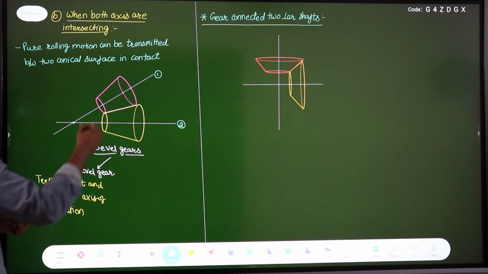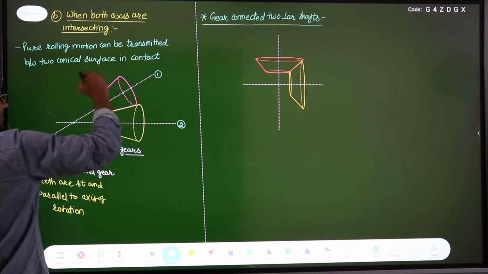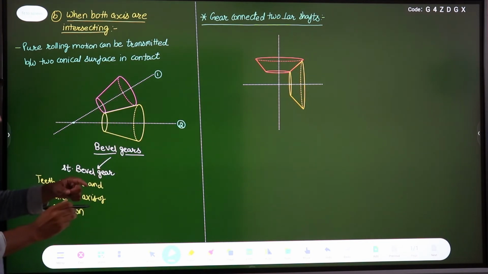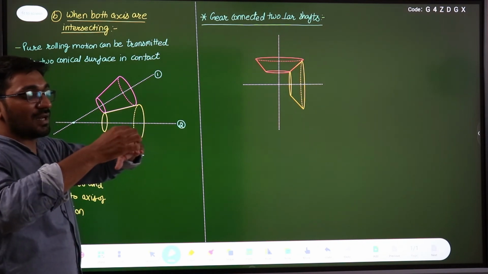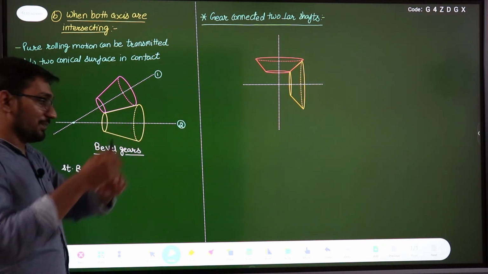Right? If the teeth are straight and they are parallel to the axis of rotation, suppose this is a bevel gear, and the teeth are straight and parallel to the axis of rotation, like this.